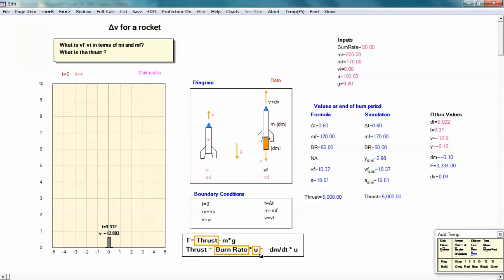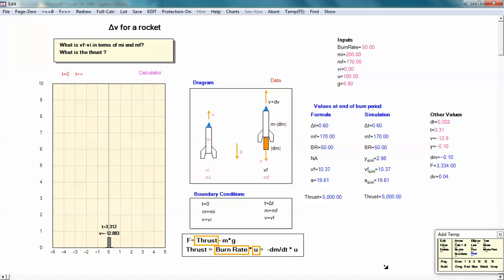And we're going to do that by showing that the conservation of momentum principle leads to this definition of thrust. So it's not really a definition, it's a derived equation. The thrust is the product of these two things because momentum is conserved.